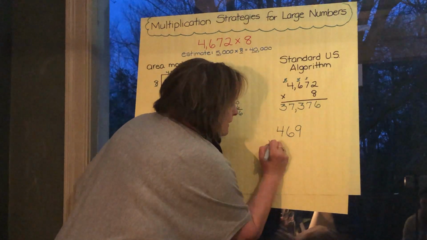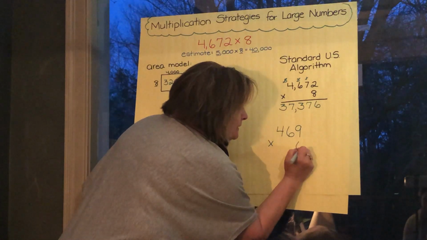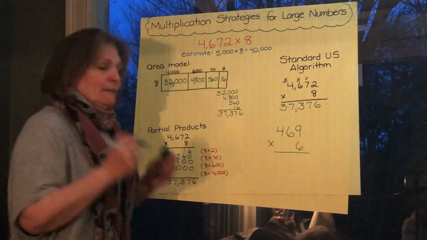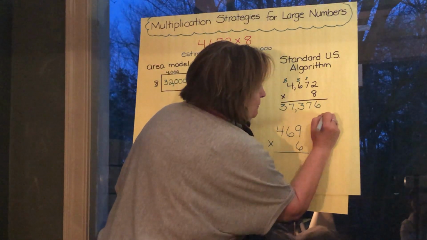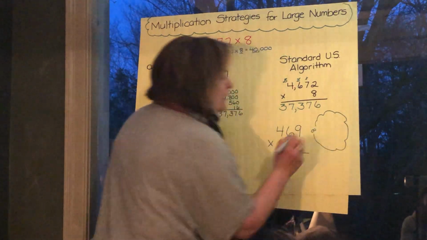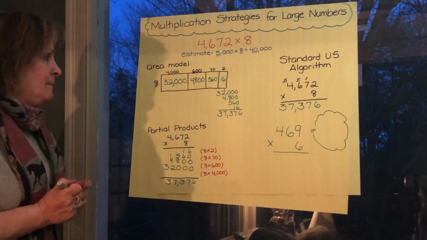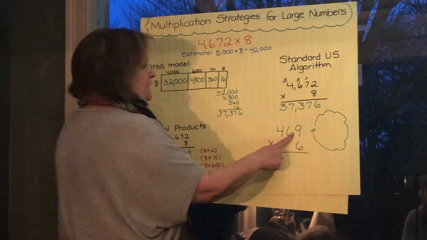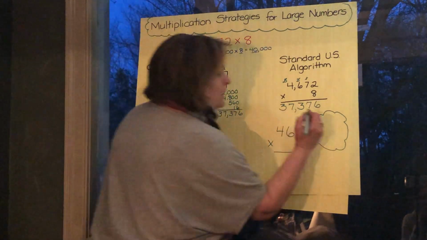469 times 6. Okay, very first thing we're going to do, as always, is we're going to say, okay, let's estimate it. I like to put the estimation in a bubble. 469 is pretty close to 500.